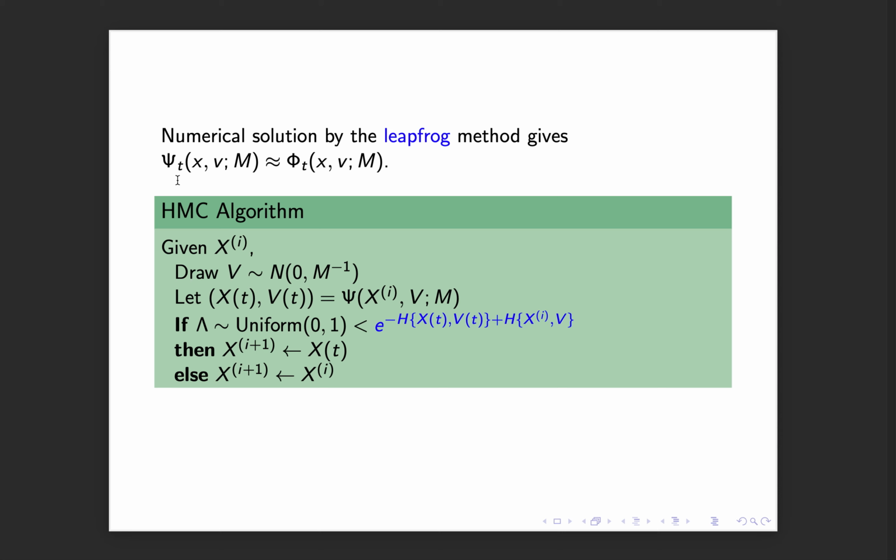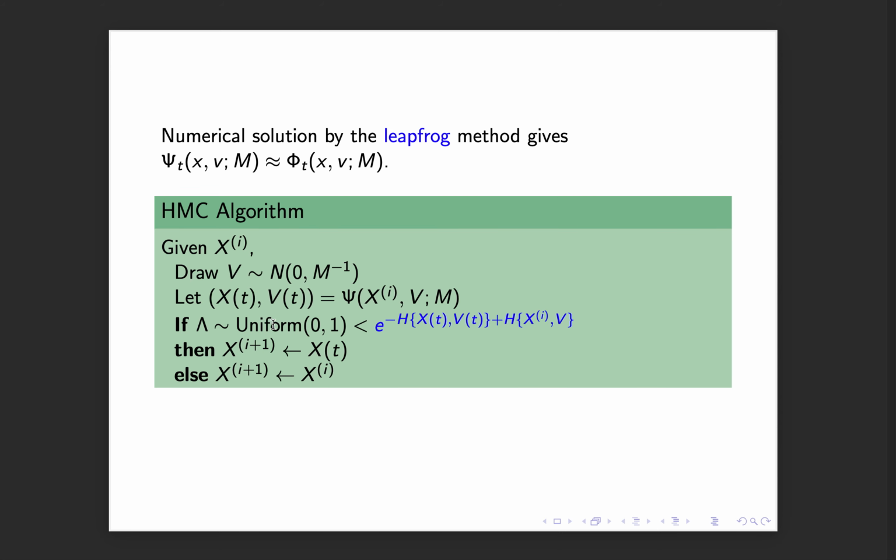sub t. The Hamiltonian Monte Carlo algorithm works as follows. Given the current state of the constructed Markov chain, say xi, we draw the velocity variable from the multivariate normal distribution with covariance M inverse, and then numerically simulate the Hamiltonian dynamics with initial condition xi and v.